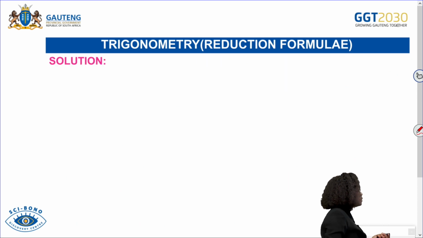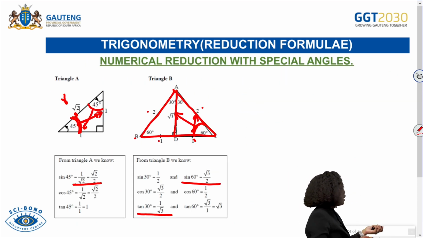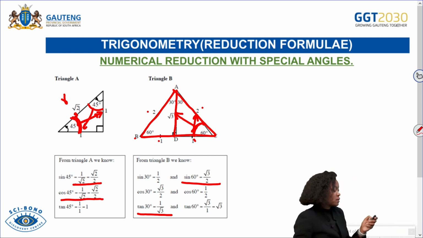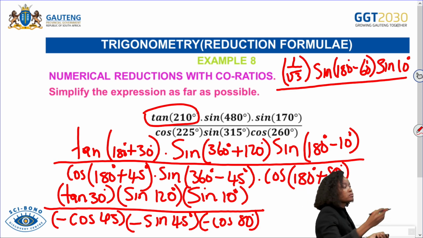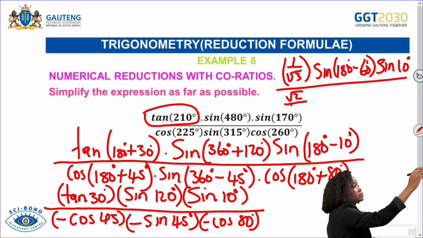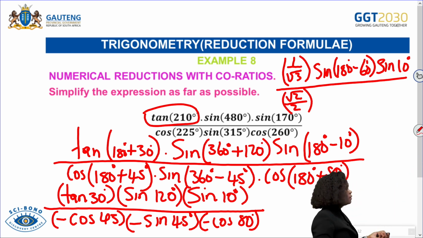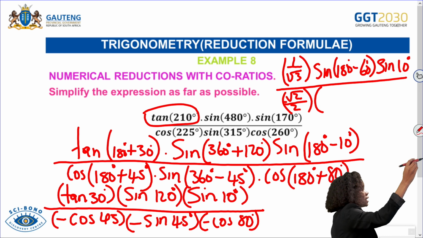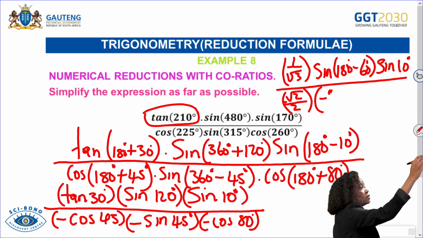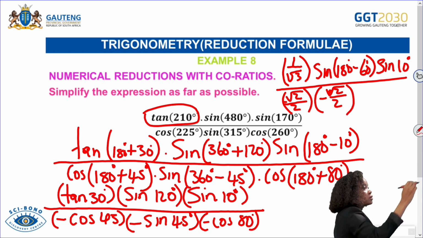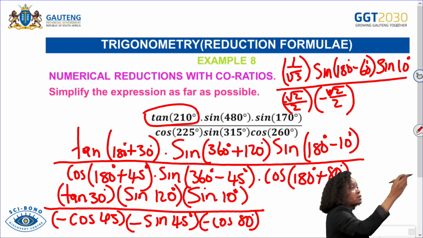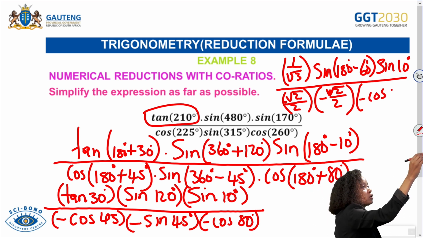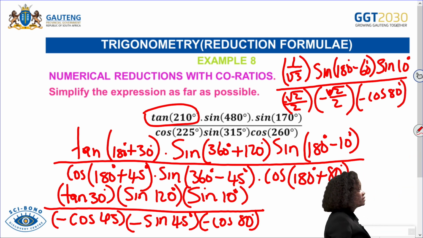So we said our cos 45 is going to be given as 1 all over root 2 or root 2 over 2. Okay, it's negative, sorry. And then we've got negative sine 45, so also it's going to be negative root 2 all over 2. And then we've got negative cos 80, so you'll get negative cos 80 degrees, and you just leave it as it is.